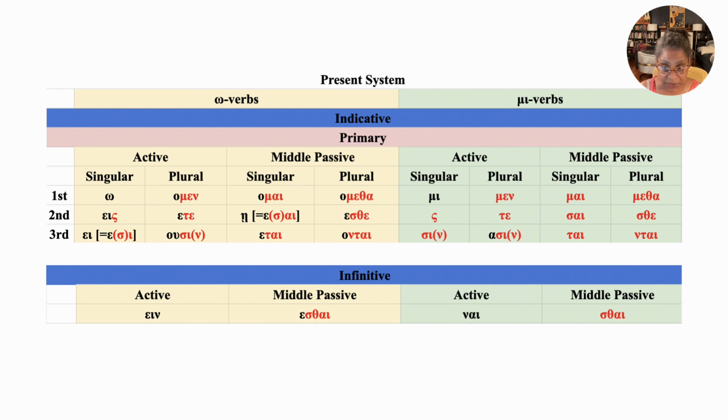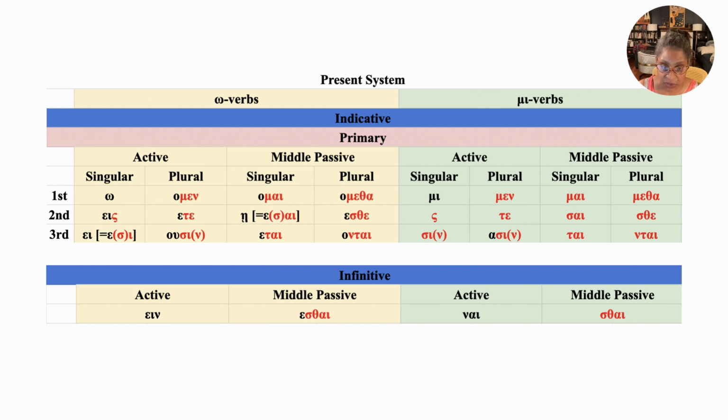And if you'll remember your vowel assimilations, epsilon plus alpha iota gives you -ei. So it is actually the same ending, right? And again, we might see some omega verbs in Homer randomly with their older form ending, -esai. So the mi verbs have -mai, -sai, -tai, -metha, -sthe, -ntai, and the omega verbs have -omai, -ei, -etai, -ometha, -esthe, -ontai.